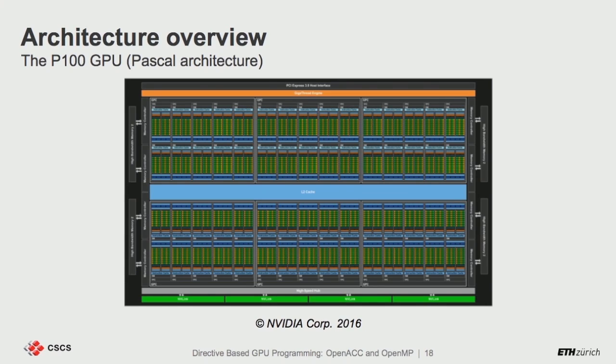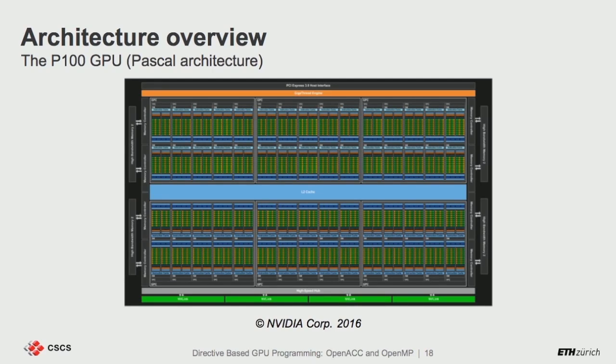And you also see some groups of them, which we call multiprocessors. We're going to see in a separate slide exactly how they look. So the GPU is a collection of these multiprocessors, and each of those multiprocessors has a series of cores inside it. You can also see the large blue area in the middle, an L2 cache shared among all the cores.